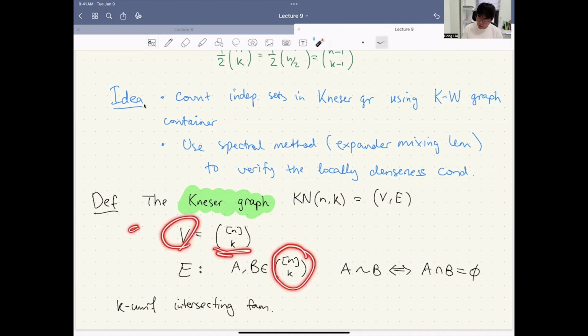You can view this family as a set of vertices of the Kneser graph.